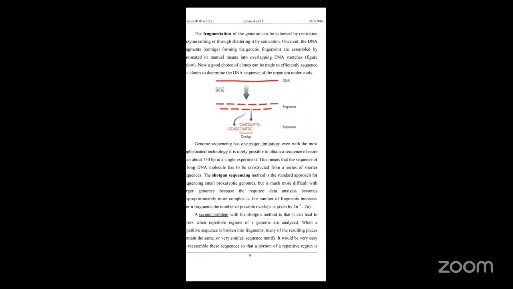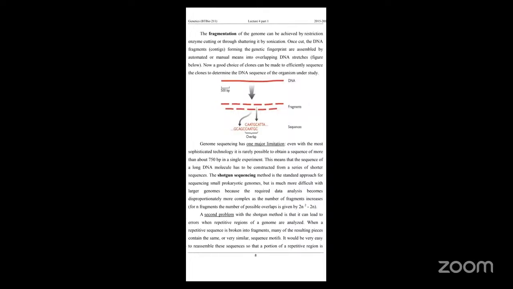Okay, see here. Just now I told you about physical mapping; one of the methods they use is called fragmentation. How do they do this fragmentation? You all know you can break the chromosome with the help of restriction enzymes. Restriction enzyme is an important enzyme which will cleave or cut the DNA into small pieces. So they take the restriction enzyme and cut the DNA, or they shatter it by sonication, or give a shear stretch by sonication, and then they break the DNA.